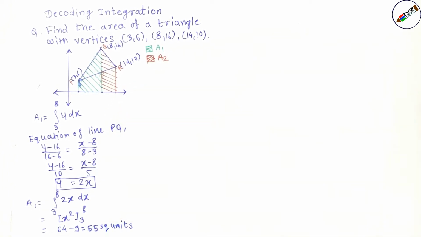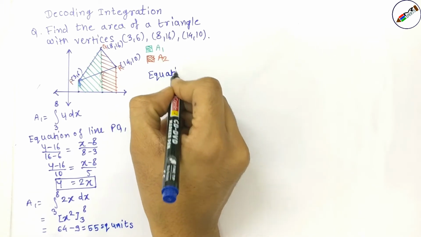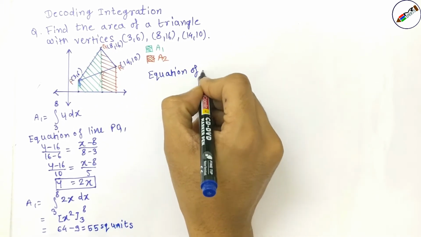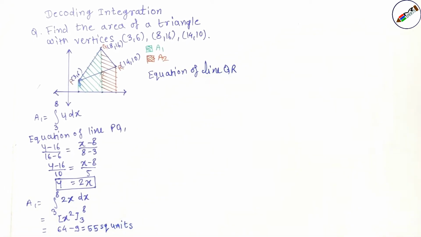Now, similarly, for calculation of A2, we require the equation of QR. So let us first calculate the equation of line QR. That will also be calculated using 2-point form.